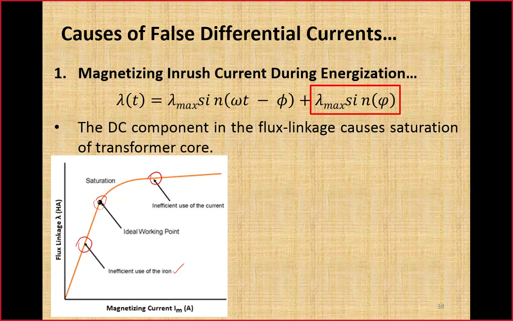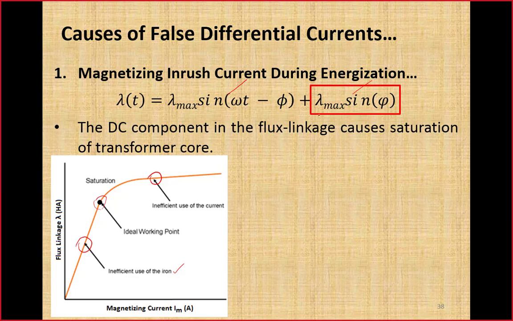Now in normal steady state operation, this is the maximum level of flux up to which the core reaches. Now what happens at the time of energization when we apply the voltage across the transformer core? So this flux has two components, the sinusoidal component and the DC component.